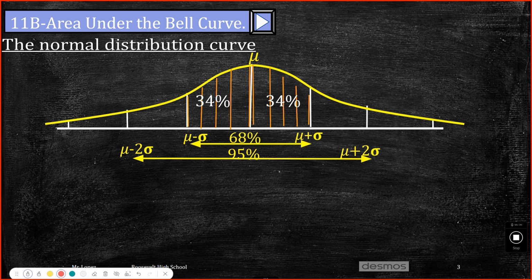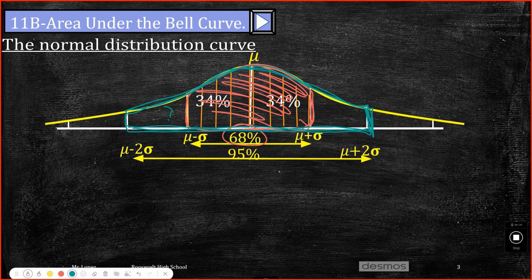If this area right here is 68%, and this area right here is 95%, then how much is this and this?